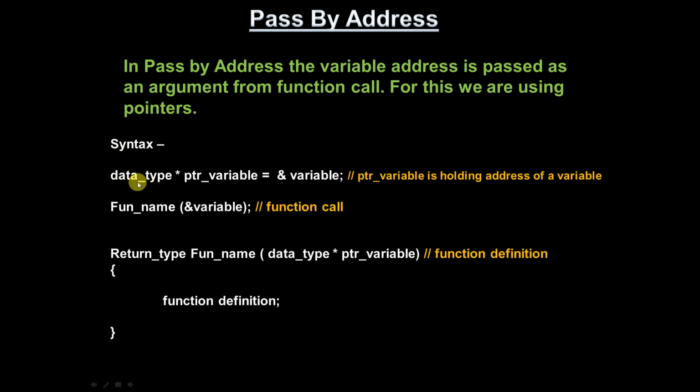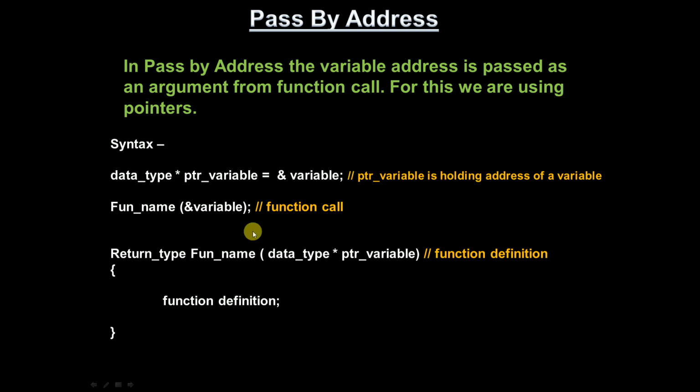The general syntax is: data type, which could be integer, character, float, structure pointer or class pointer, then a star and the pointer variable, equals address of variable. Here ptr_variable is a pointer variable which is holding the address of a variable.